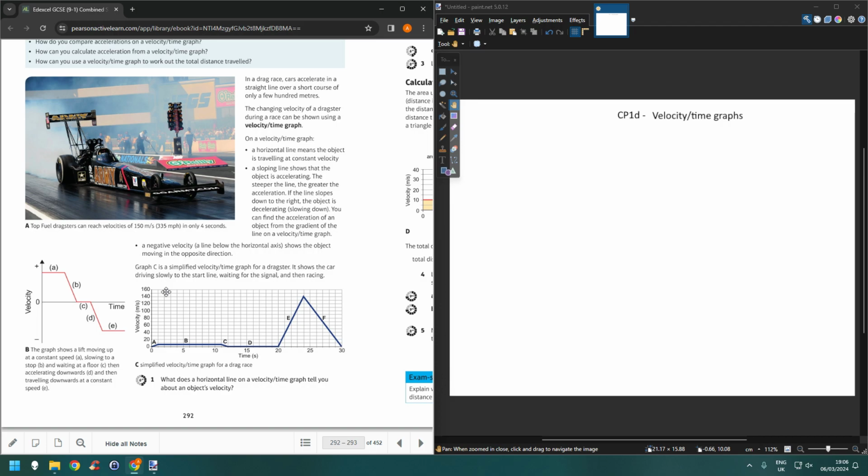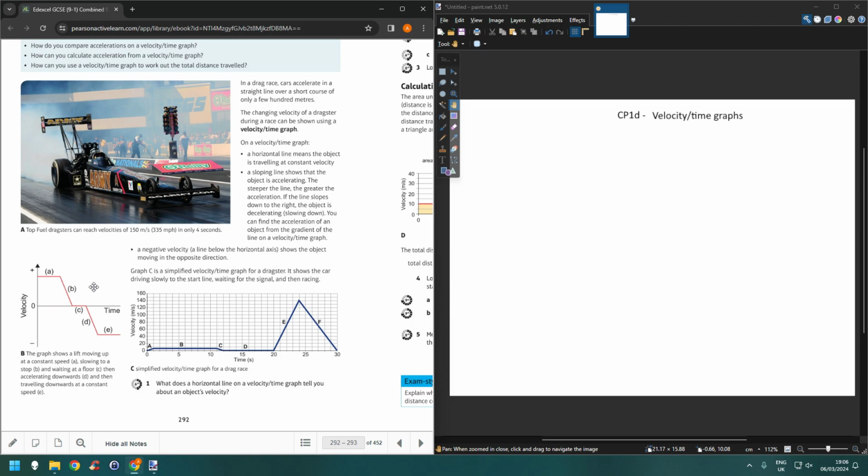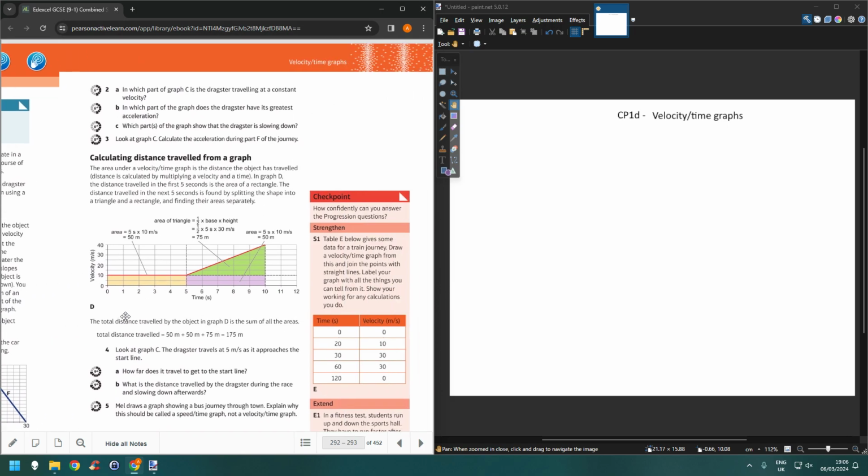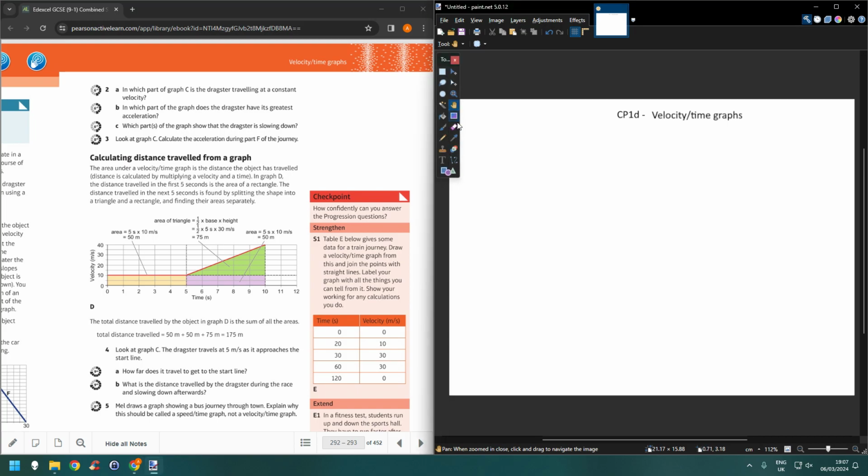So, that's ultimately that, but the most important part of the whole topic is this: calculating the distance travelled from a graph. As you can see, the velocity is on the y-axis and the time is on the x-axis, but the question is, how do you find the distance? How on earth do you get distance from this?